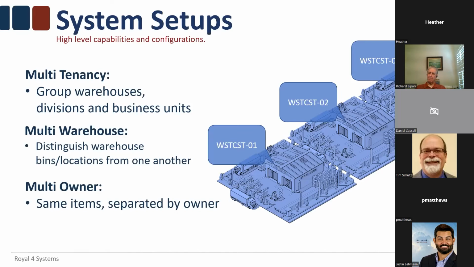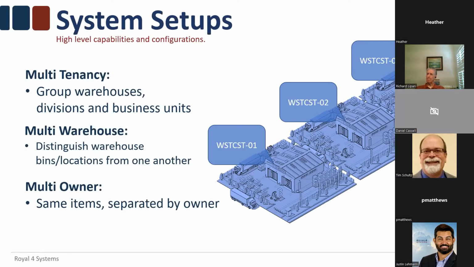So when you first log into the system, you're going to log in based off of tenant, and those warehouses that you put in there are associated with the tenant. And then what we do for distinguishing the warehouse locations from one another is we add the prefix of that warehouse code. So all of your locations would have the warehouse code prefixed to it.